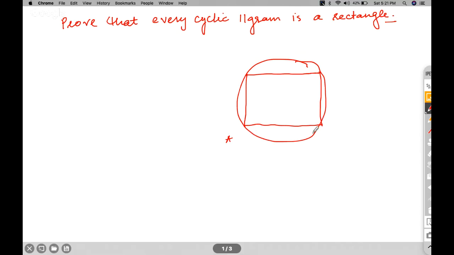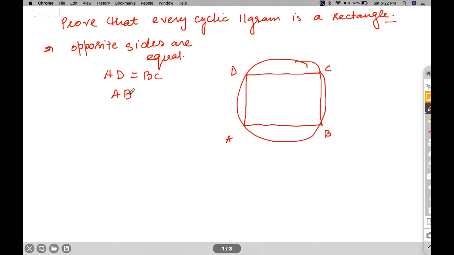And this is A, B, C, D. Parallelogram, I know opposite sides are equal. If I prove that all angles are 90 degrees, I'll be able to prove that it's a rectangle. So opposite sides are equal. So I write that AD is equal to BC and AB is equal to CD. I have written this.